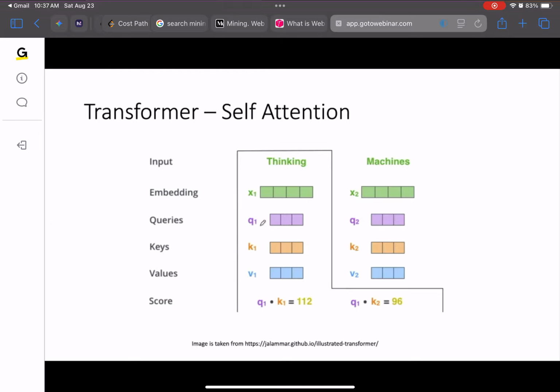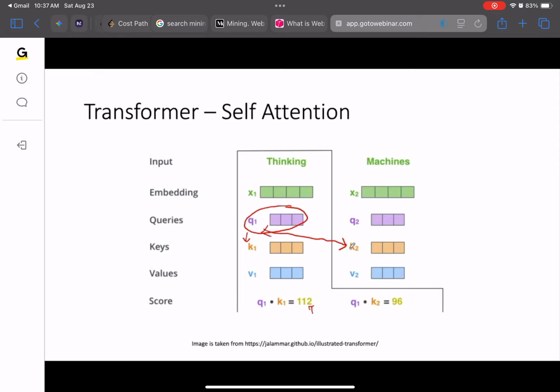Once these are generated, we take the query vector Q1 for the first word and do a dot product of Q1 with K1. And we also do a dot product between Q1 and K2.